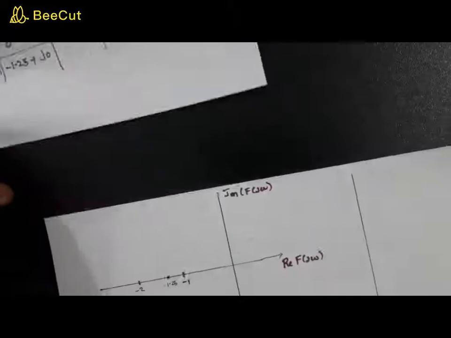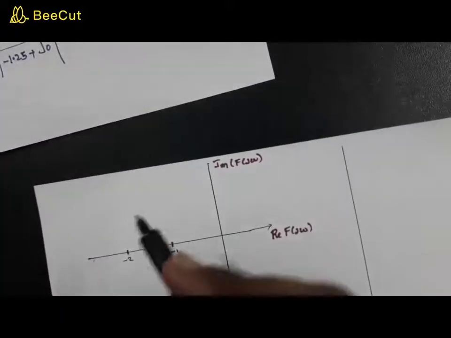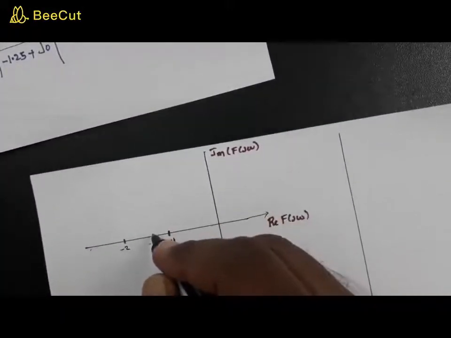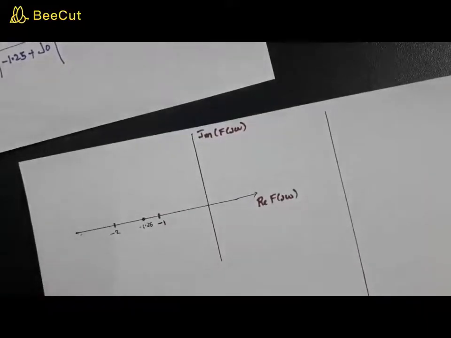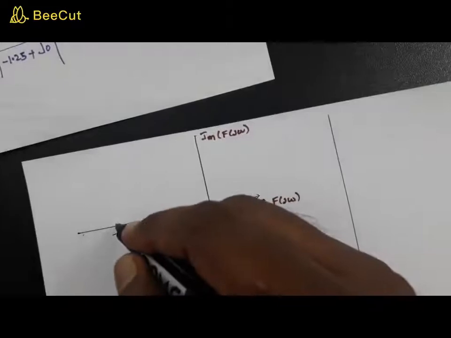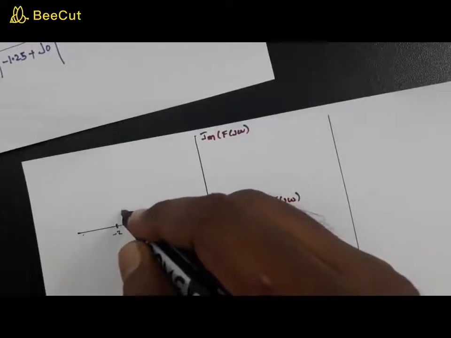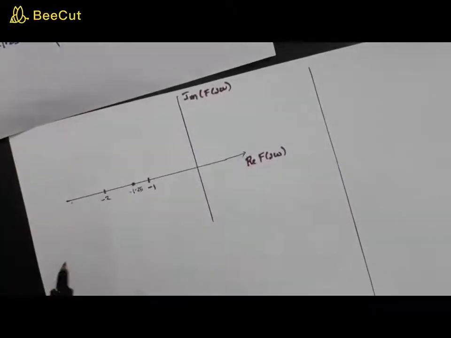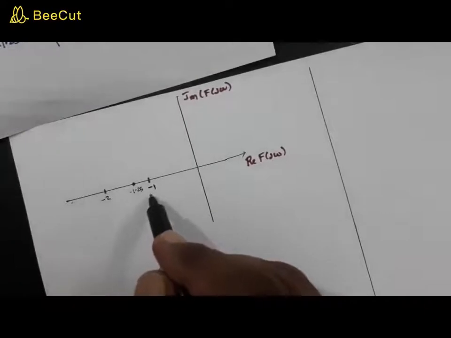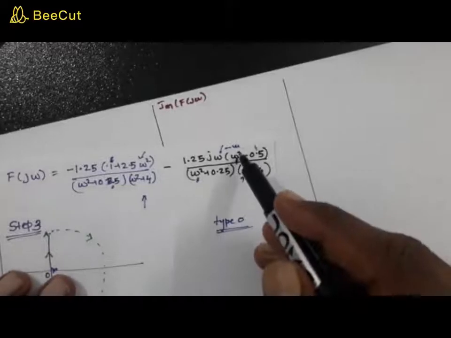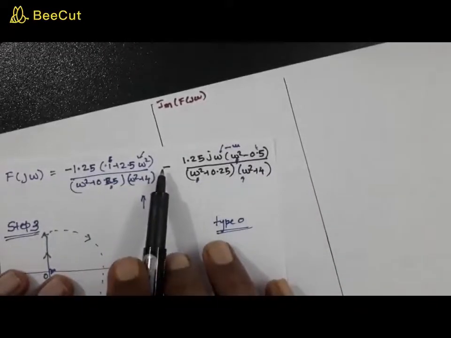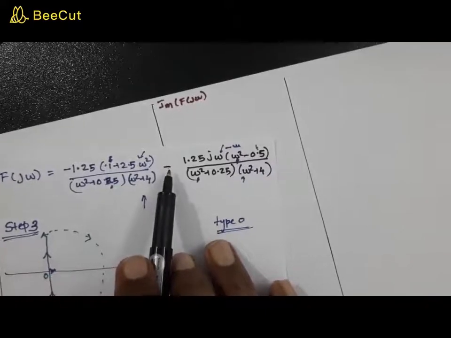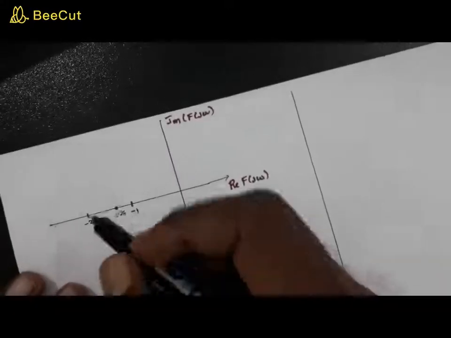Now the problem is, once it is minus 1.25 plus j0, what is the meaning of plus j0? Plus j0 has a tendency to go upwards. If it would have been minus j0, then it should come down. That's why I told you, imagine that you simply put omega equal to 0 and you are not considering this sign, it will be treated as minus j0, and the graph would have gone like this.